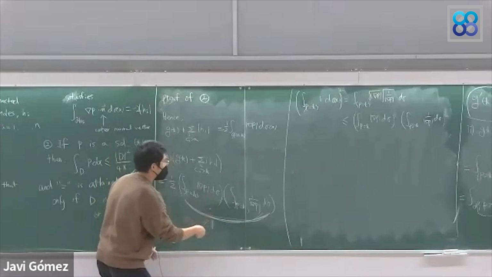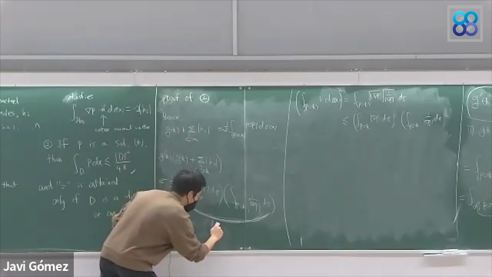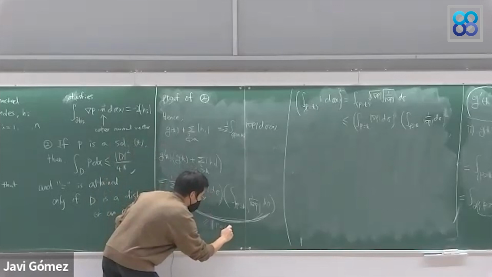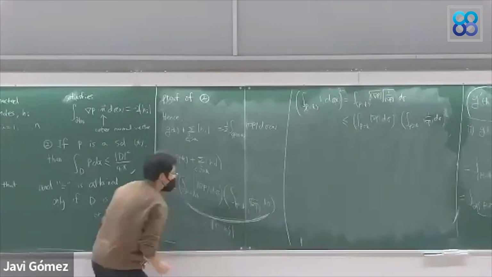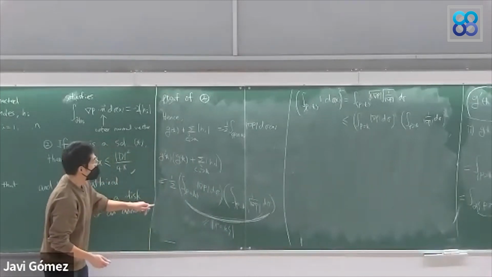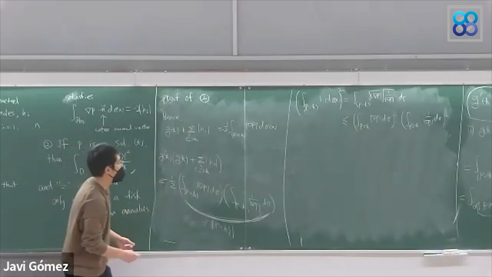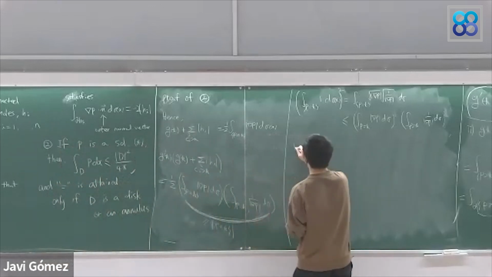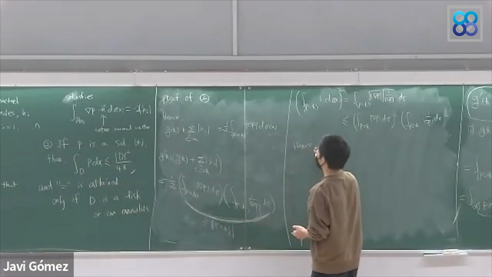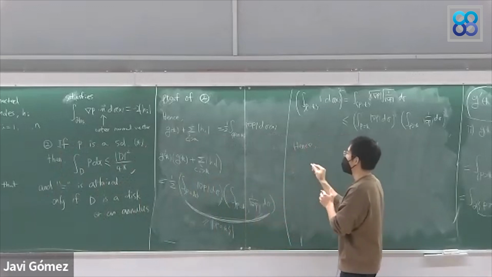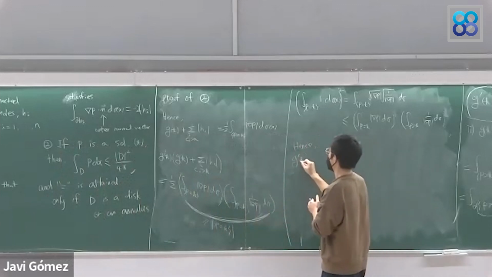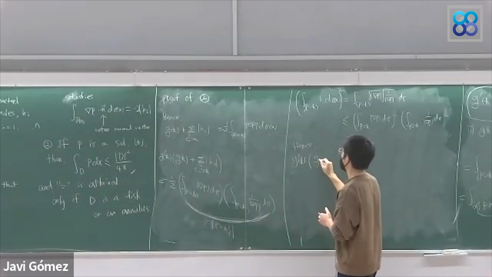Let me just use this absolute value symbol to denote the perimeter. Okay? But we have a negative 1/2, so we flip the direction of the inequality.